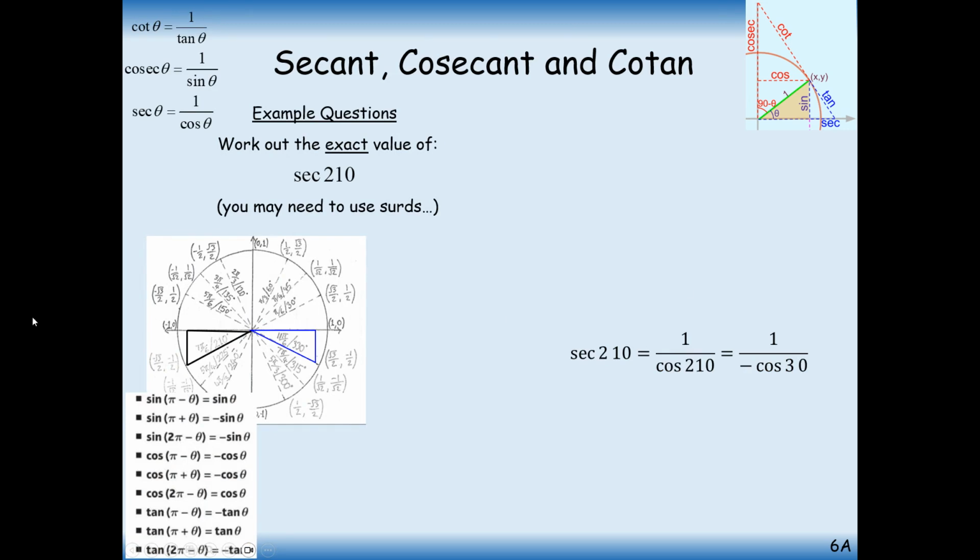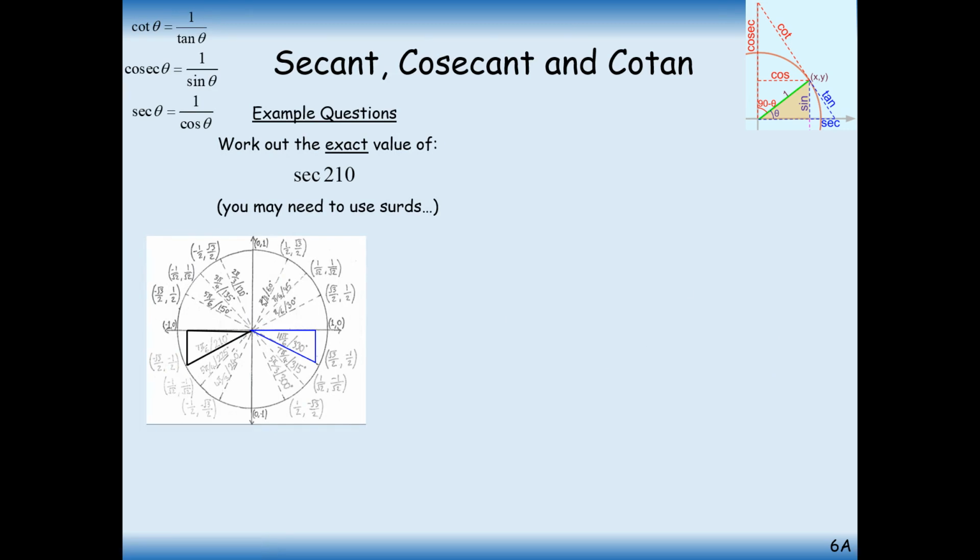Right. Okay, in this next example, we are to calculate the exact value of secant of 210. Secant of 210 is 1 over cos of 210 degrees. Now, you can simply put it in your calculator and that would give you an answer.